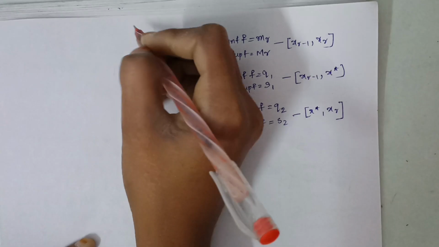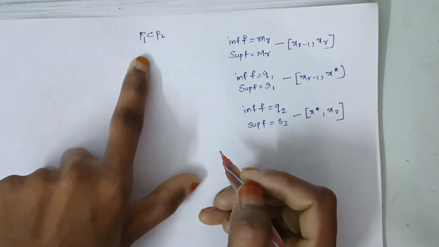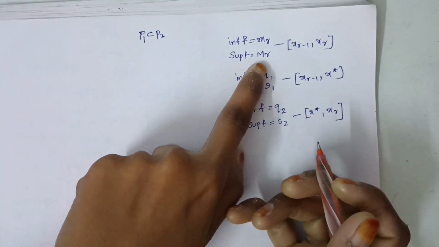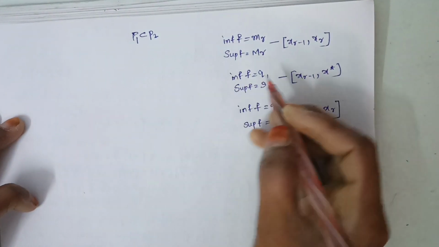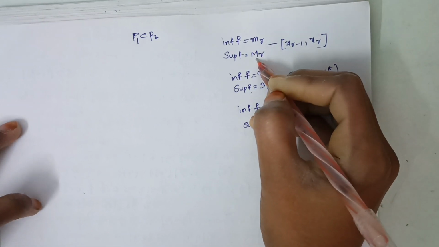So here P1 is a subset of P2. So we have supremum A is less than or equal to supremum B. So this MR supremum F is greater than or equal to supremum.